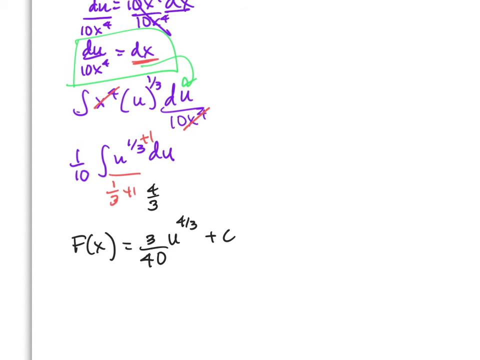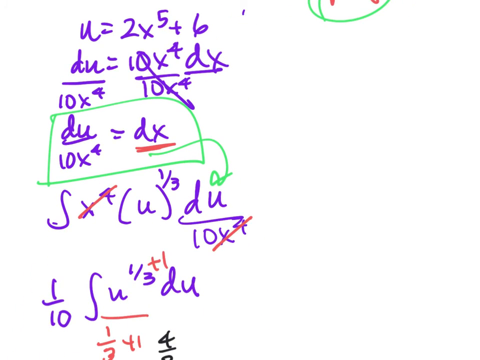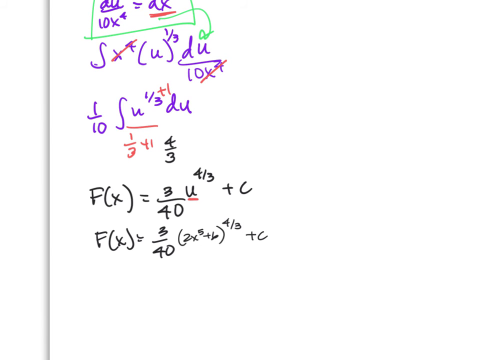And the last step we have to do is to replace that u with the original expression that we had for u. And that was the 2x to the 5th plus 6. And its power is 4/3 plus c. And that is that function.